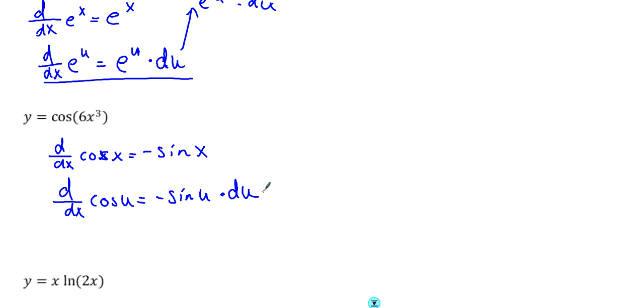So again, over here, following the formula, y prime, this is cosine u, so you get negative sine of 6x cubed times 18x squared, which is the derivative of the inside.